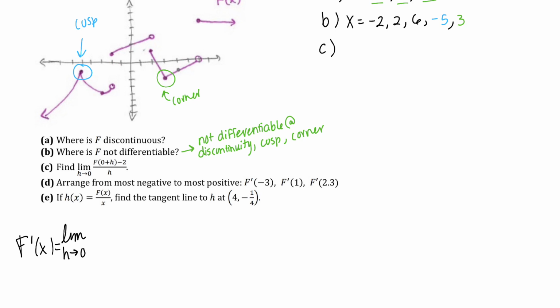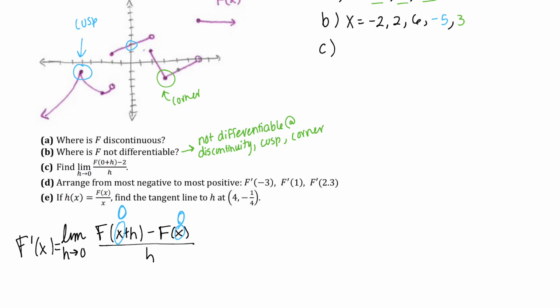is the limit as h approaches 0 of f of x plus h minus f of x, all over h. There's no primes there anywhere. And that's interesting because what if we took this x right here and we made it into a 0? f of 0 is 2.